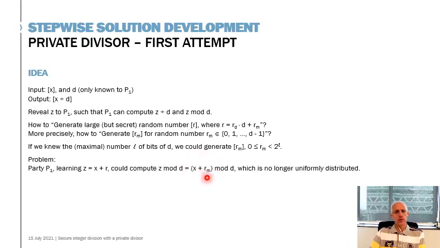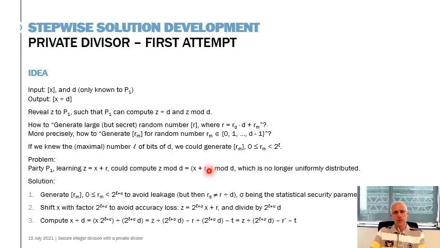So this reveals some information about X. And that's because 2 to the power L is not exactly, at least not always, a multiple of D. So the lower numbers of Rm are a bit more likely than the higher numbers, which makes that this leaks something. So we need to solve that.